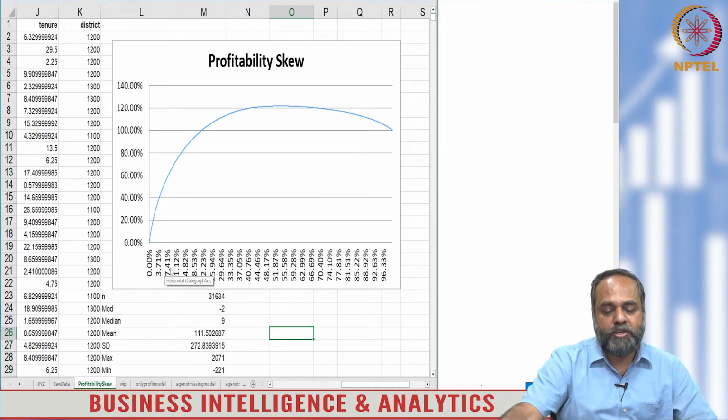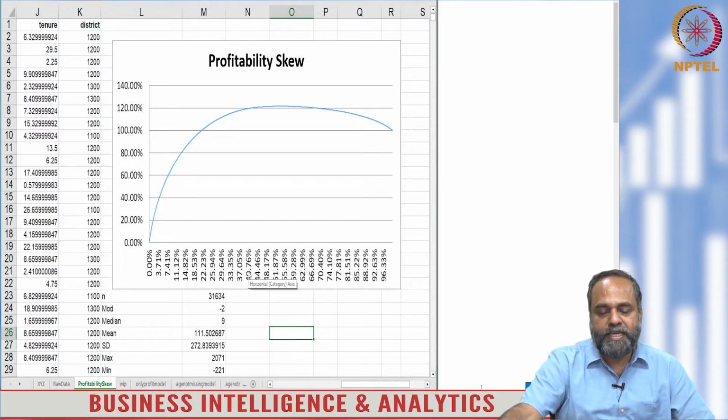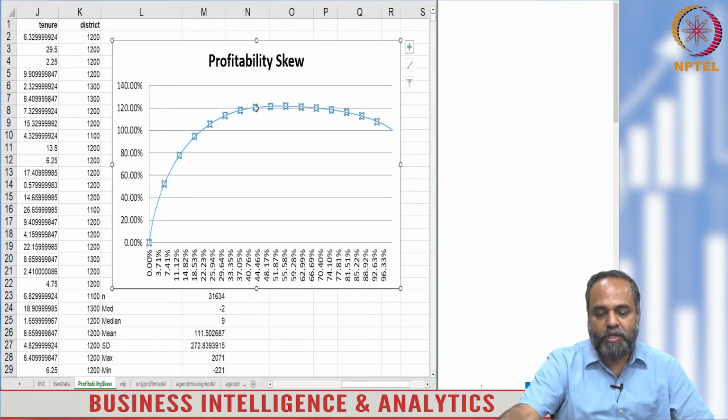When you move from left to right on the x-axis, you can see that the cumulative profitability goes up, and when it reaches almost 40%, 44%, the graph flattens and then starts falling. What does that show?